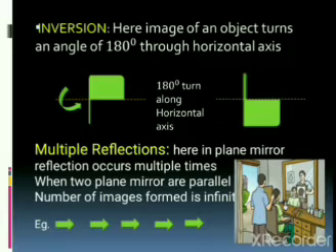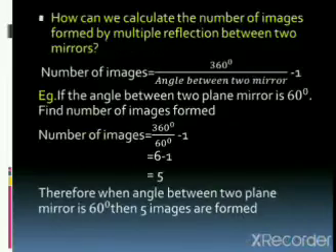As the intensity of the source of light diminishes, the image intensity diminishes and the image will disappear. You cannot count the number of images when two plane mirrors are parallel to each other. So the images formed when two plane mirrors are parallel are an infinite number of images.